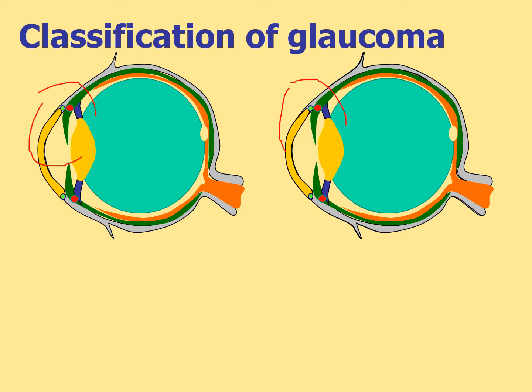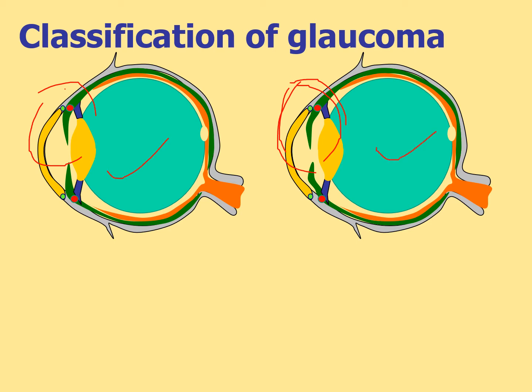Now look at this eye. The iris moves forward like this, and now the angle is narrow. So if this eye develops glaucoma, it is called angle closure glaucoma or closed angle glaucoma. So, open angle glaucoma and closed angle glaucoma.